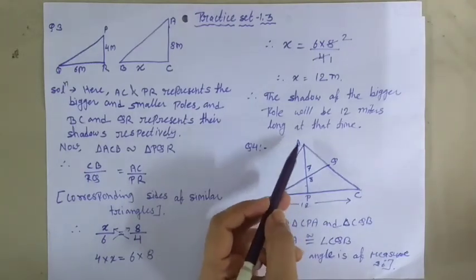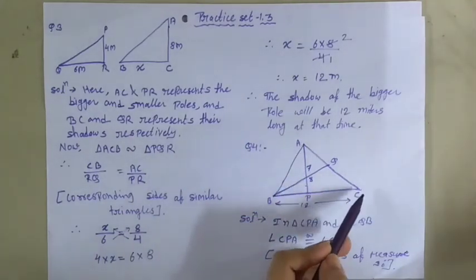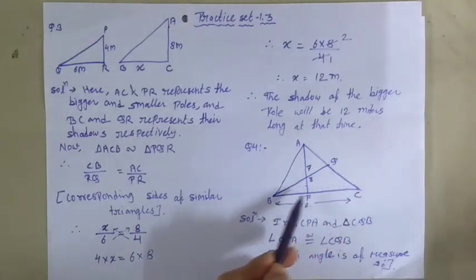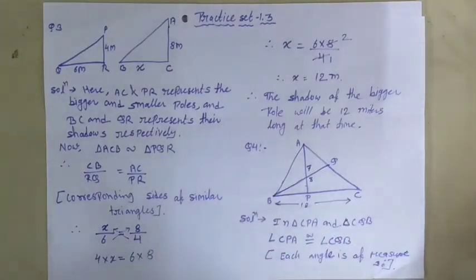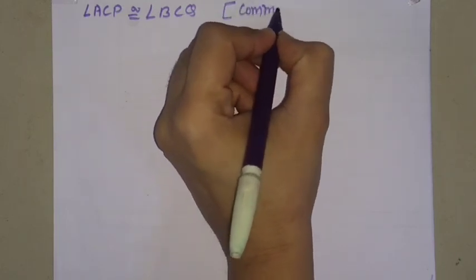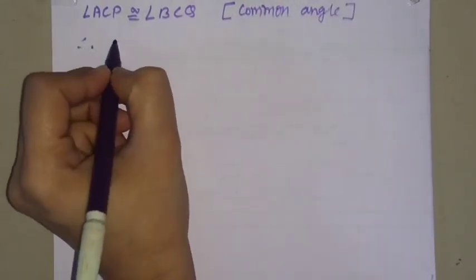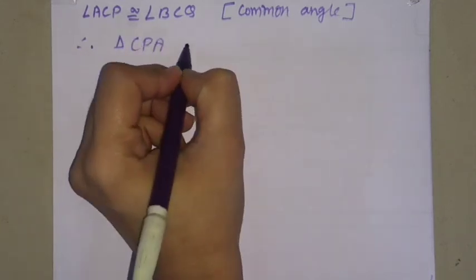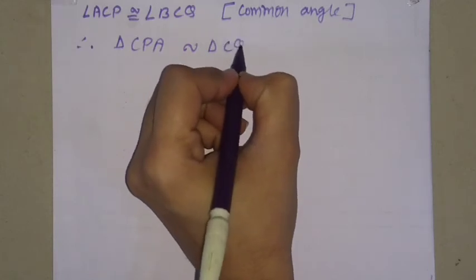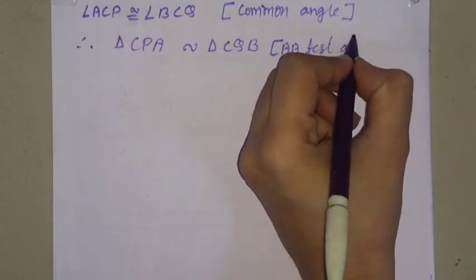Therefore, triangle CPA is similar to triangle CQB by AA test of similarity.